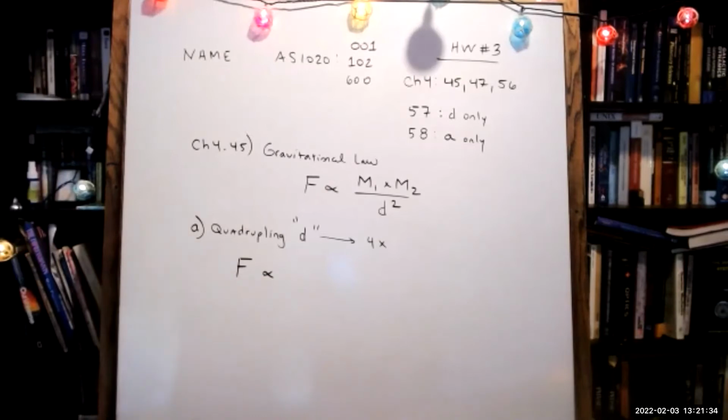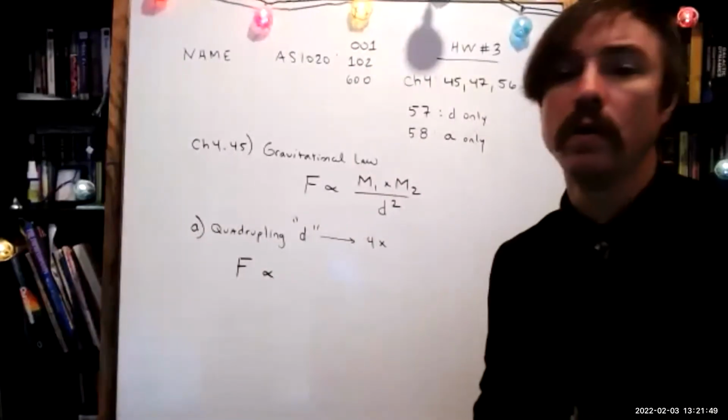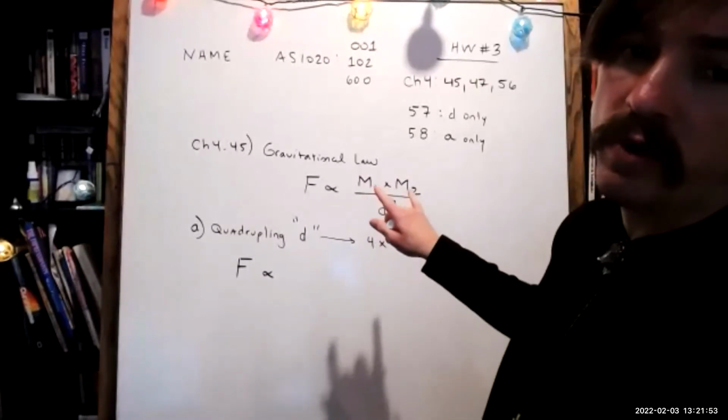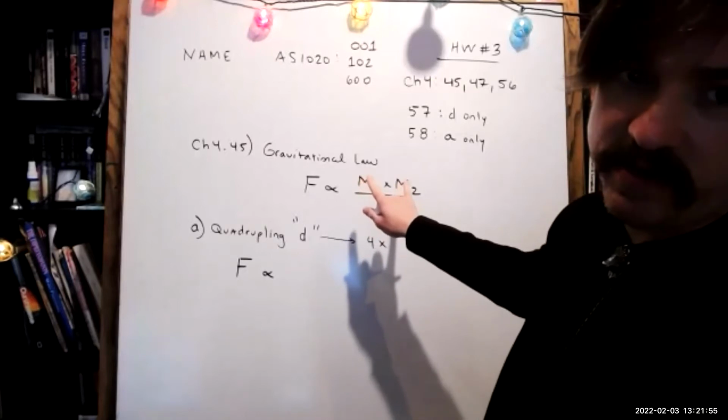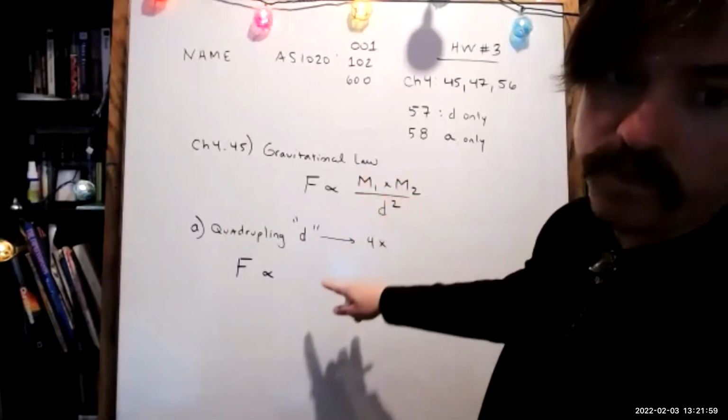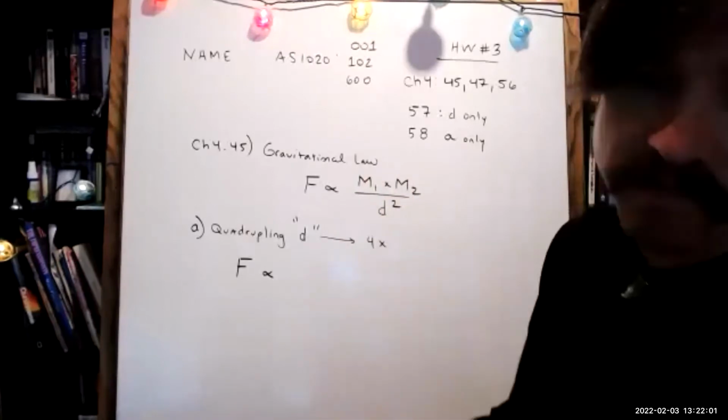We should only consider the factors that are changing. The force of gravity is proportional to what? The mass of the first object times the mass of the second object over distance. Hold on. We're not varying the masses, are we? So we don't need to include the mass for this part.